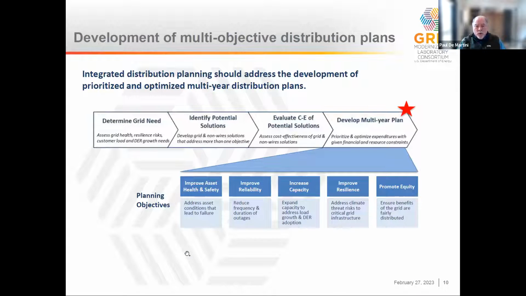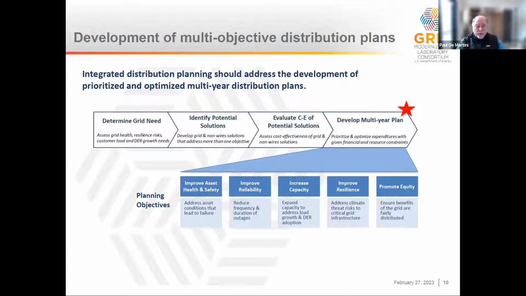So conceptually, what we're seeing folks start to look at, in a very simplified process here in the upper chevrons, is a process to determine the grid needs, again, going to the overall objectives that we've talked about, looking at the potential solutions.